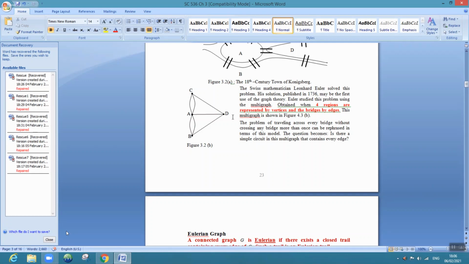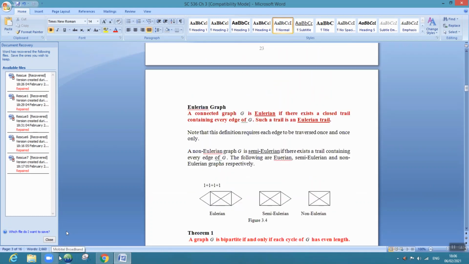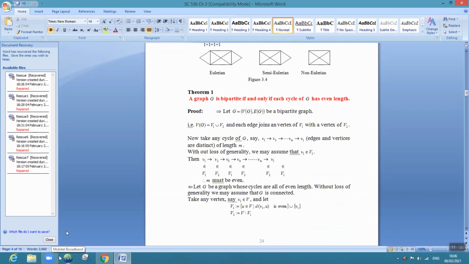Euler showed that it is not possible. So the answer to the question asked by the people in that Königsberg town is no, it is not possible. He obtained a lot of results in this way, and that is how graph theory came about.